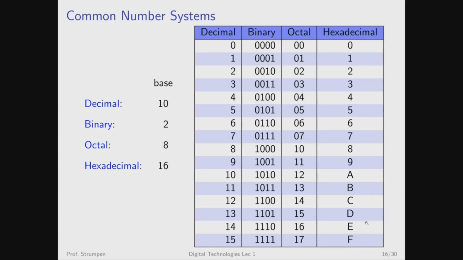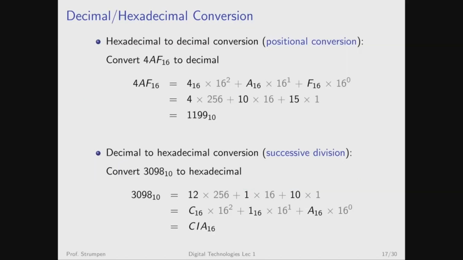And this may be confusing at first, but once you play around with it, it's actually pretty straightforward, right? Now, the conversion from hexadecimal to decimal and the other way around works analogous to the conversion between decimal and binary, for example.